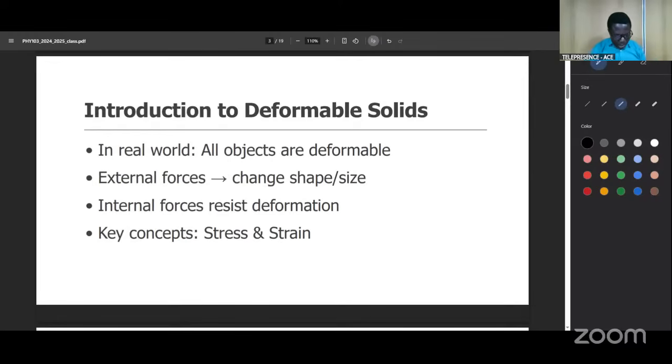Now I'm telling us what is the relevancy of these to you as medicine, pharmacy and biological sciences students. And if I may ask you a question: why does a woman's skin return to its original shape after being stretched?